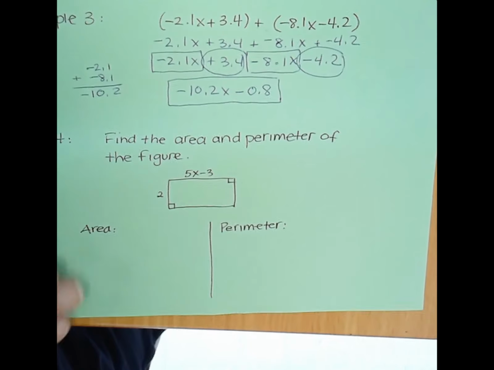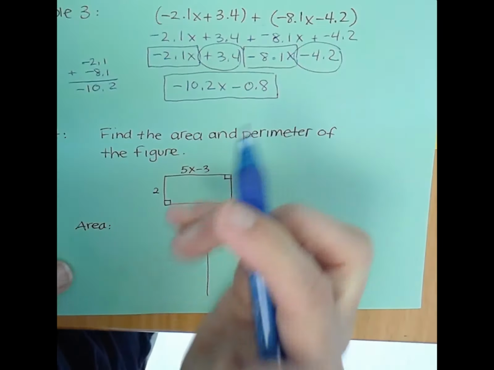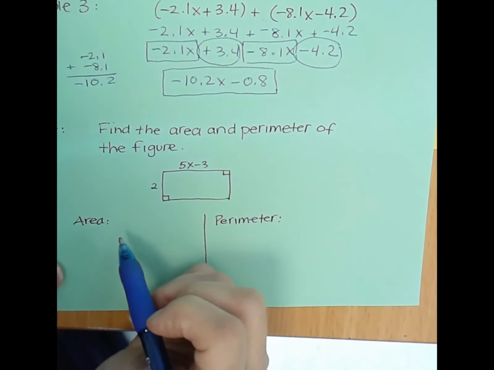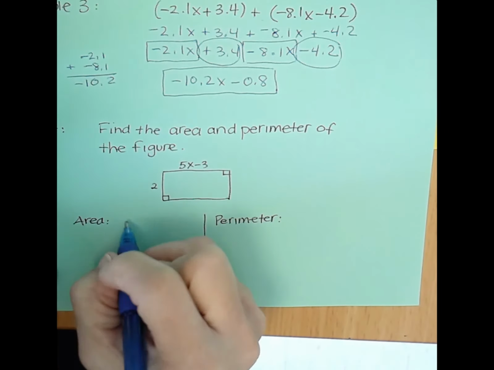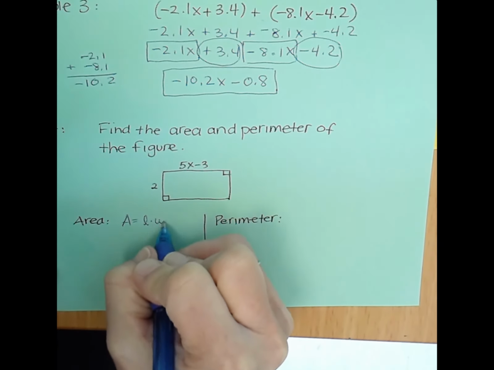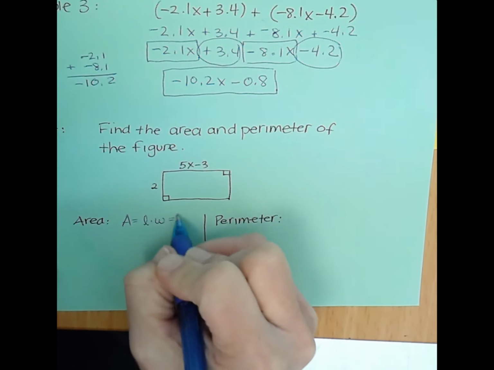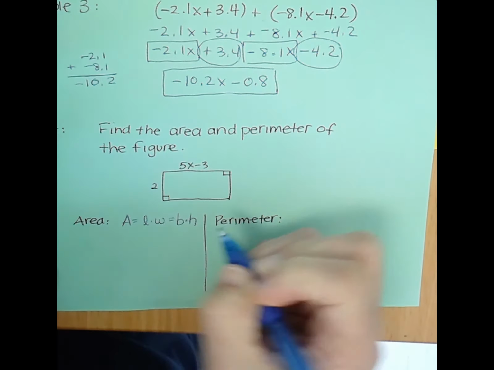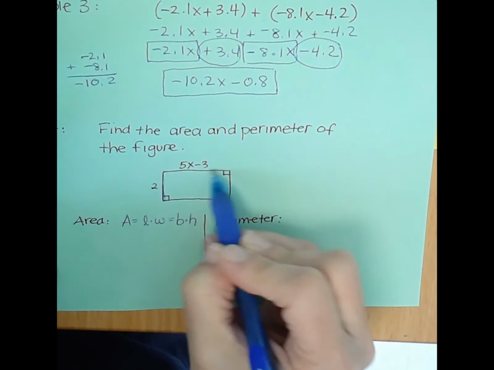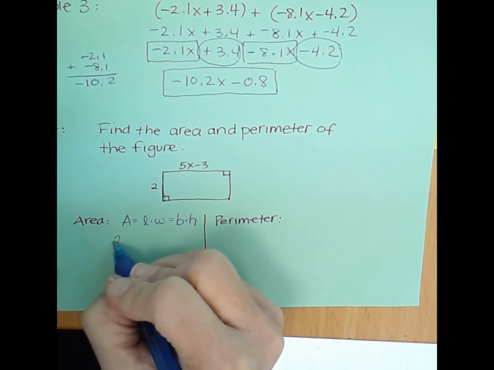All right, the last problem that we're going to do is area and perimeter. If you remember from previous years, to do the area of a rectangle, you take the length times the width. Or sometimes people will say base times height. So if I'm doing the area of this rectangle, I need to take 2 times 5x minus 3.